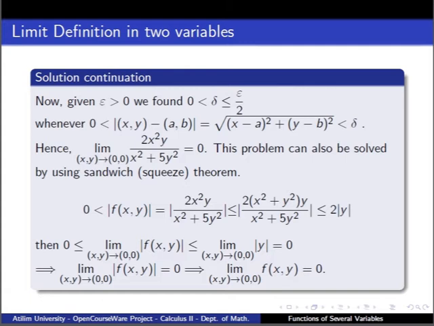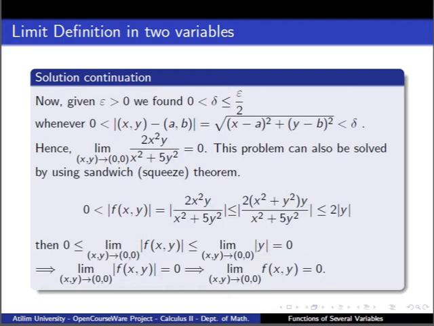But this problem can also be solved by using the squeeze theorem or the sandwich theorem, where in this case we say that the absolute value of f(x,y) is larger than or equal to 0, and less than or equal to 2 times the absolute value of y. But if we take the limits of those terms, the left limit and the right limit are 0, so by the squeeze theorem the limit of the absolute value of f(x,y) is 0, which implies that the limit of f(x,y) is 0.